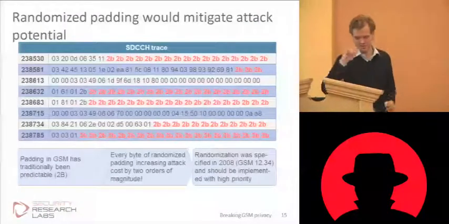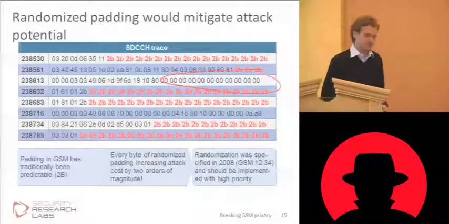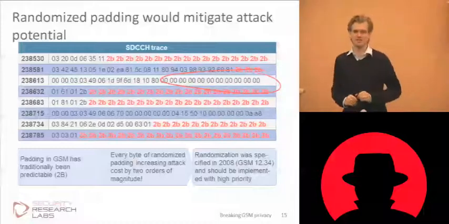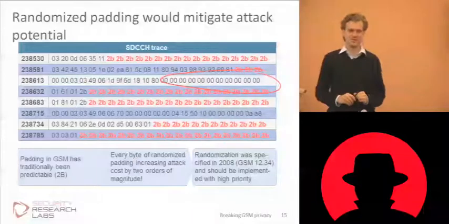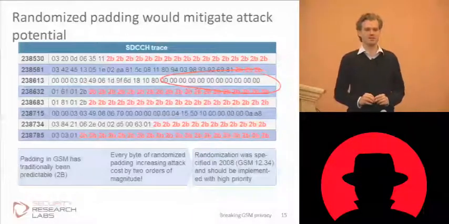Exactly these 2 Bs and the zeros up here, which led to GSM-8, the umbrella organization of the GSM operators, to standardize 2 years ago that these 2 Bs should go away and be replaced with just random junk.